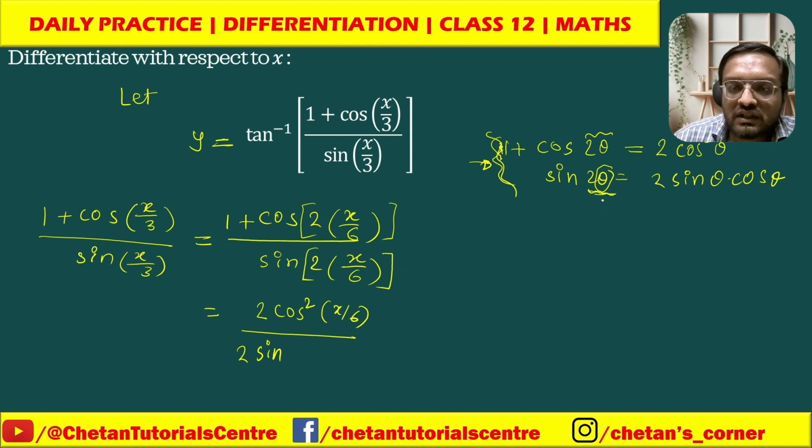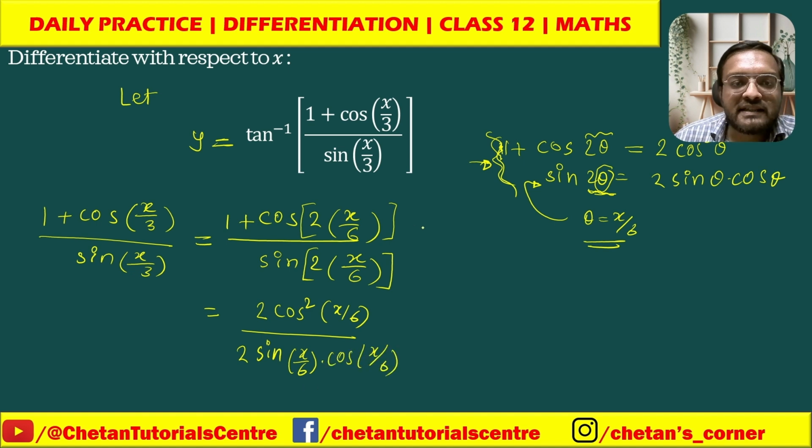So I will put theta is equal to x upon 6 in this formula. Then what I will get? 2 sin x by 6 into cos x by 6. Now as I have used this formula, I have got 2 cos square x by 6 divided by 2 sin x by 6 into cos x by 6.